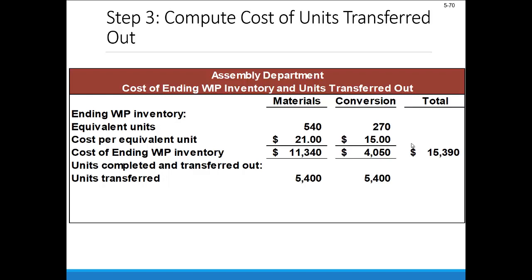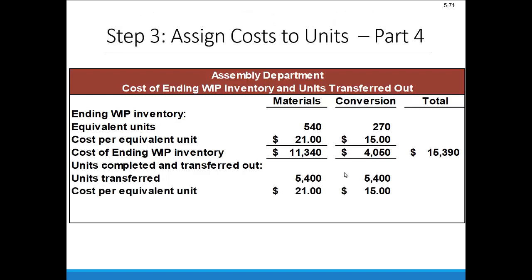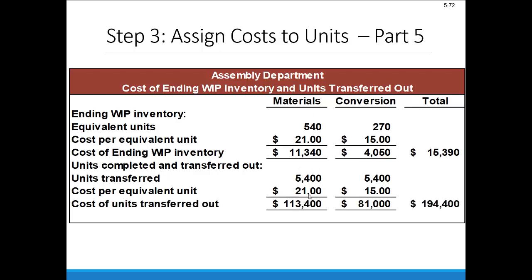Now, to assign cost to units completed and transferred, I just need to take the number of units completed and transferred. Remember, those are essentially equivalent units as well, since they're 100% complete with respect to everything. And again, multiply that by my cost per equivalent unit. So for materials, 5,400 units completed times the $21 per equivalent unit for a total of $113,400.